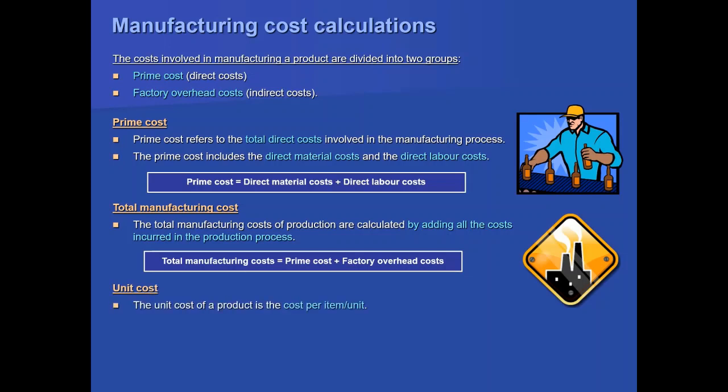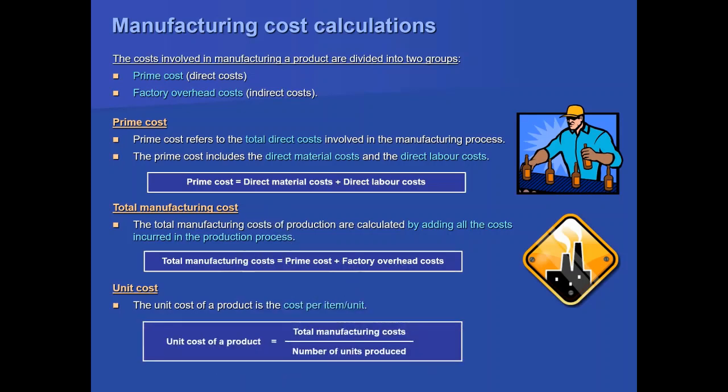The unit cost of a product is the cost per item or per unit. Unit means one. So the cost for one item. So therefore, in equation form, our unit cost of a product is equal to the total manufacturing cost divided by the number of units produced.